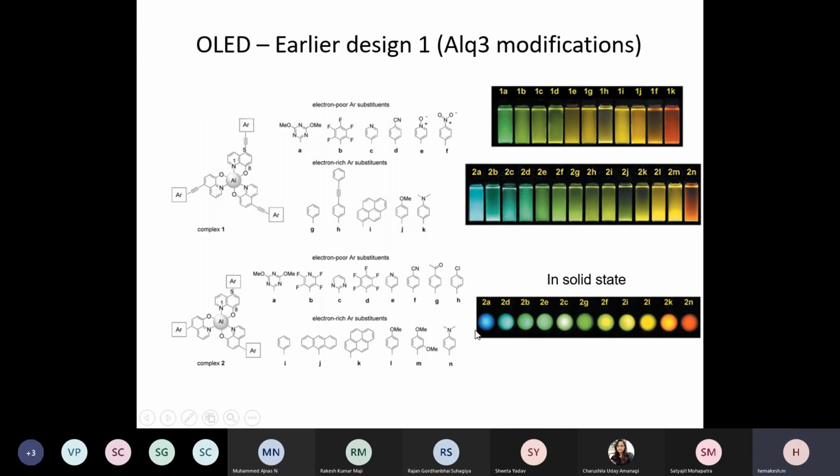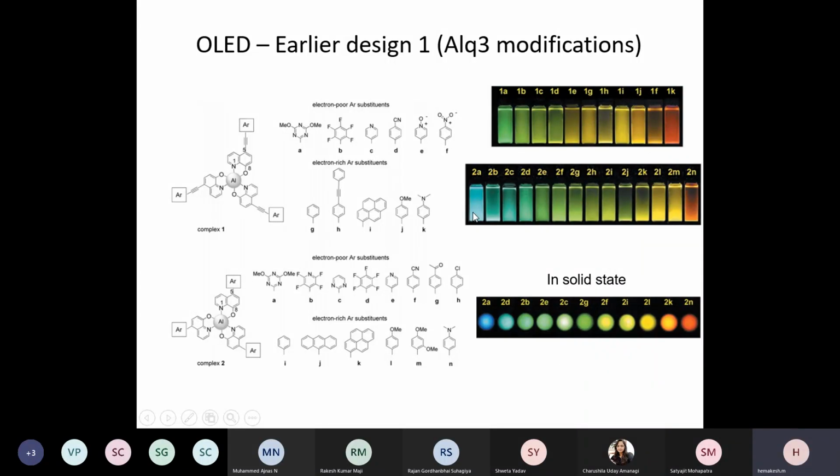So these are in solution, these are in solid state for this family of structures. I'm not showing all the colors, but showing that going from A through K, you are getting the red shifting of the device. You start out with bluish to reddish color. And you can do that in solution.